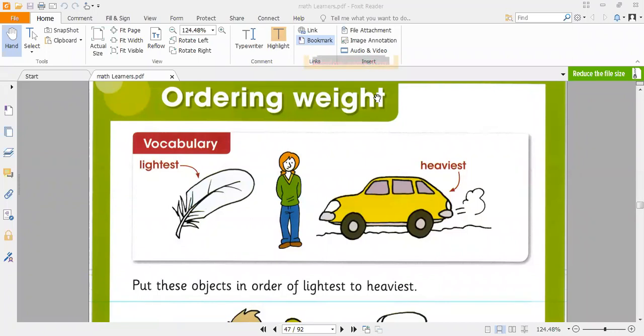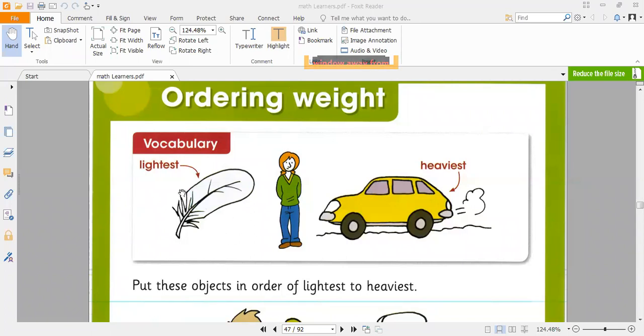So the first word is lightest. What is the first word, boys? Lightest means very light. It has no weight. It is very light, like a feather.